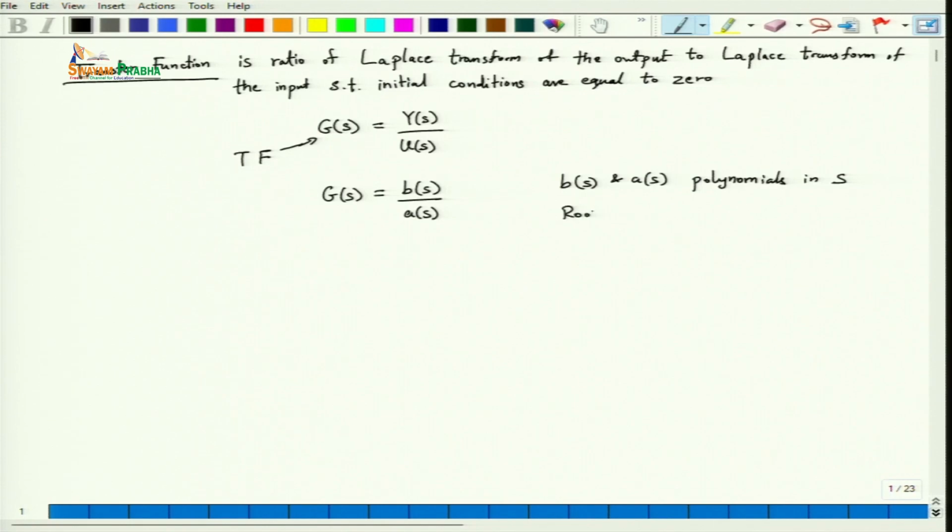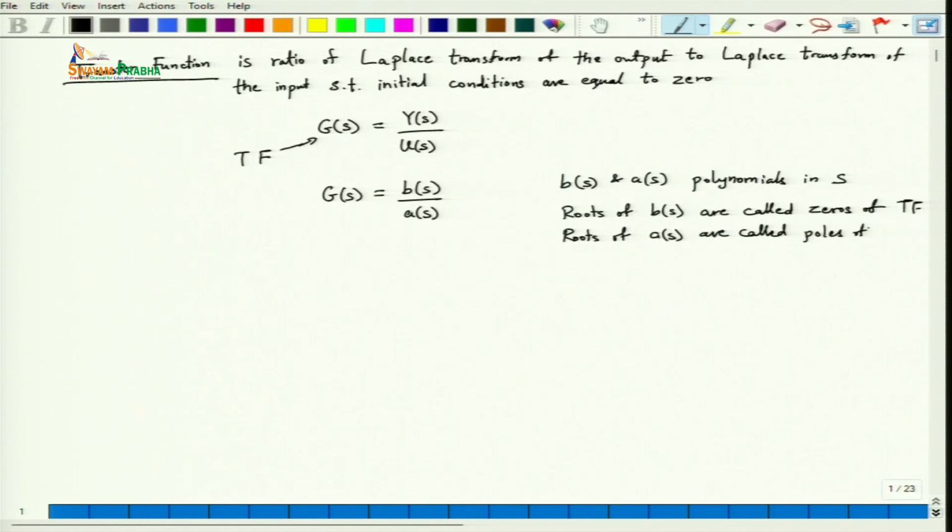The roots of B(s) are called zeros of the transfer function G, and roots of A(s) are called poles of the transfer function.